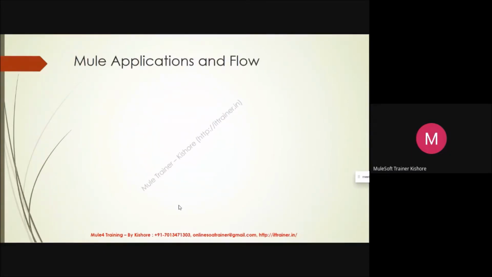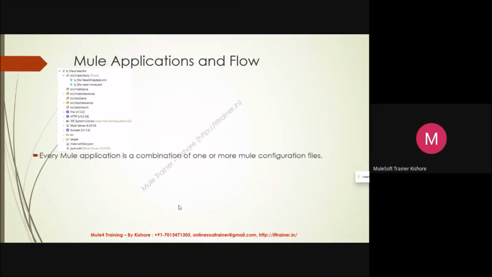Now you will see how Mule applications are created and what Mule flows and Mule configuration files are. When you see this, this is your Mule application. Every Mule application is a combination of one or more Mule configuration files.